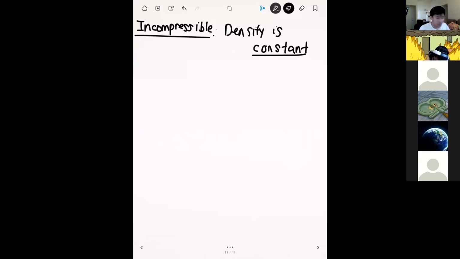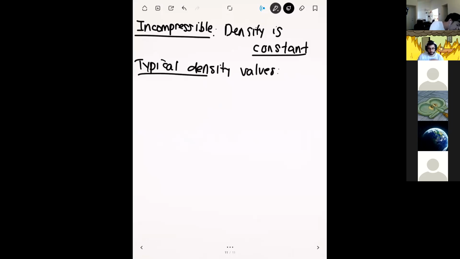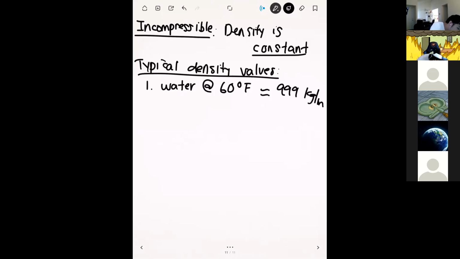Okay. So let me give you some typical values of density. So we have water at 60 degrees Fahrenheit. The density for this is roughly 999 kilograms per meter cubed.